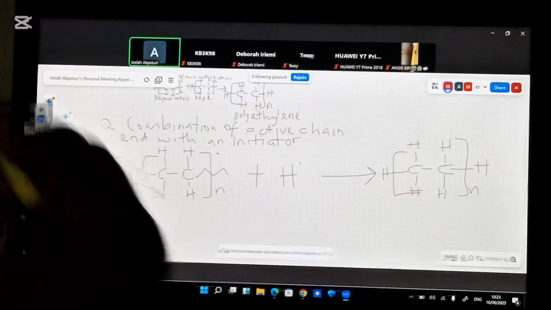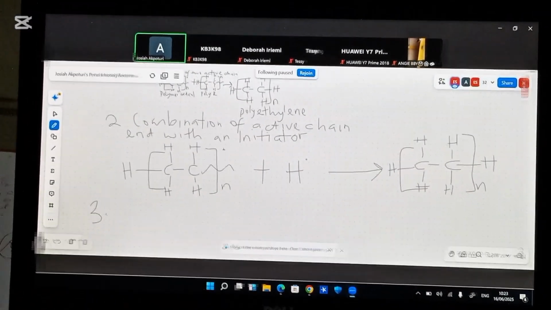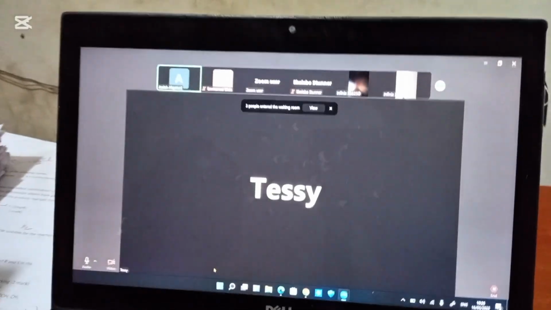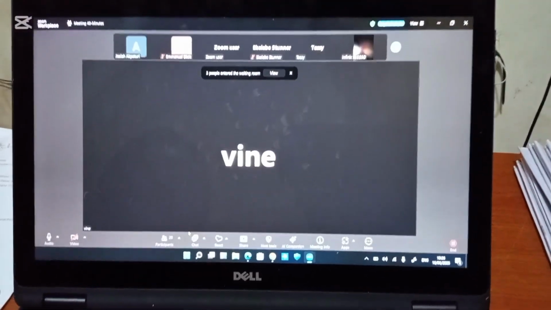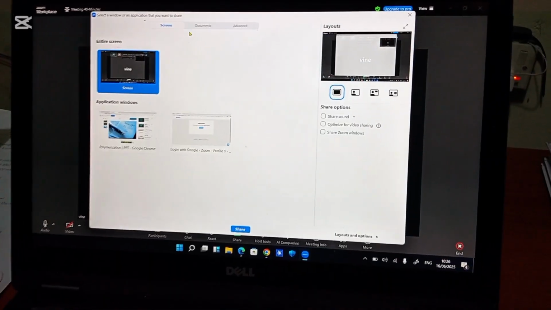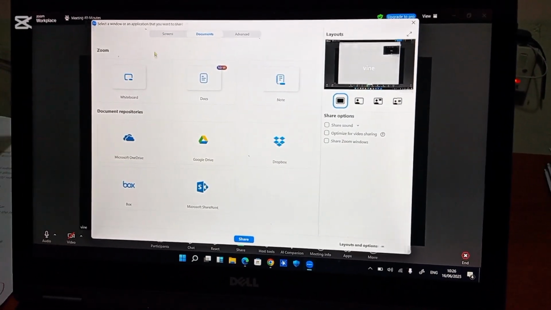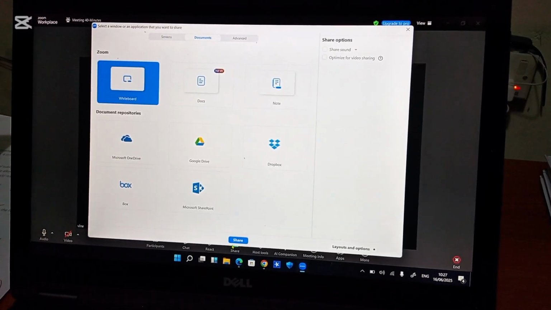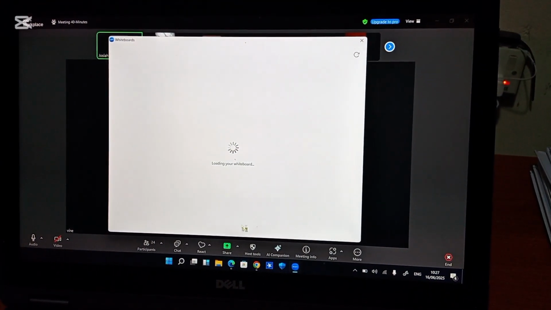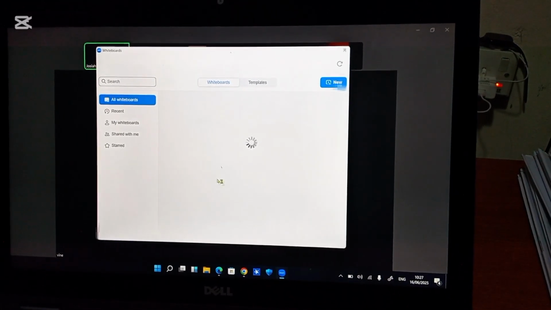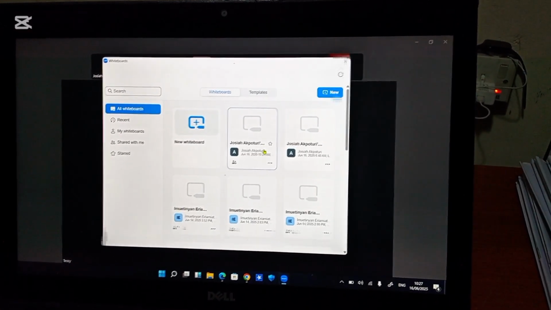So number 3 now is interaction with impurities. Okay, we have the third form.